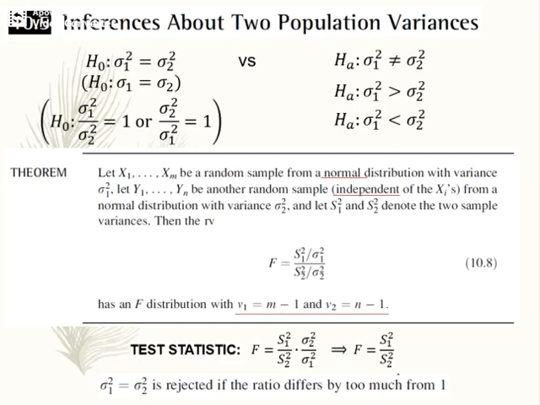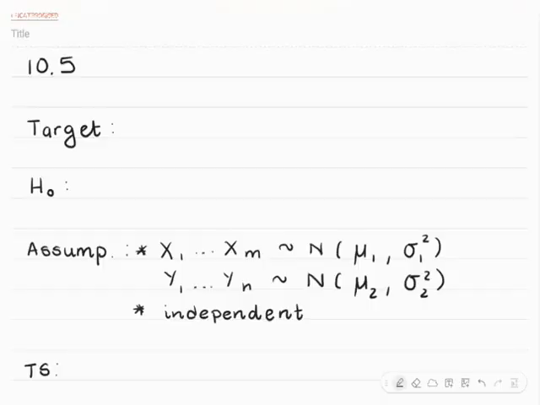So let's have a look at the summary. I'm just going to do it for you quickly as we've done in class, and you can just add it on to your table. So in summary, our target is going to be sigma 1 squared and sigma 2 squared, or the standard deviations, sigma 1 and sigma 2.